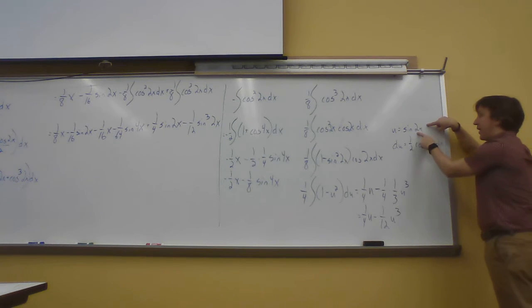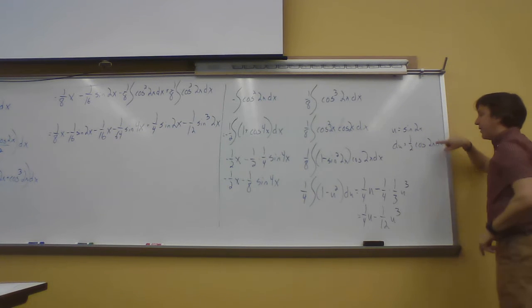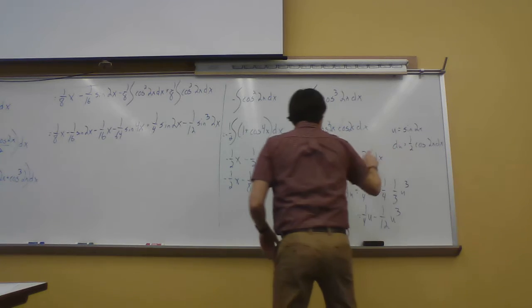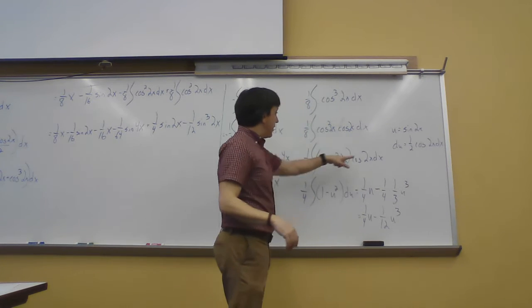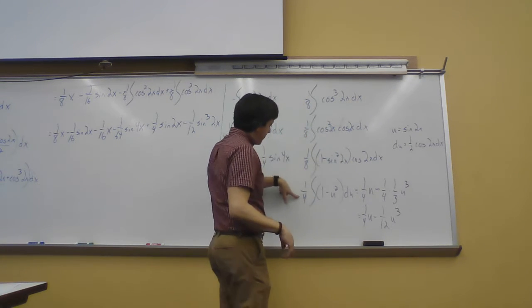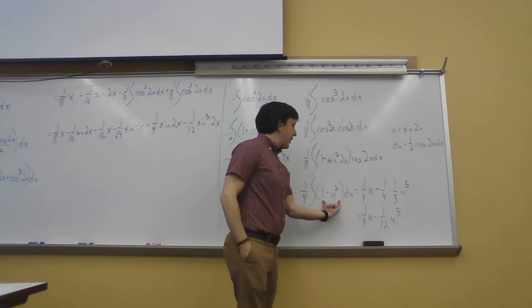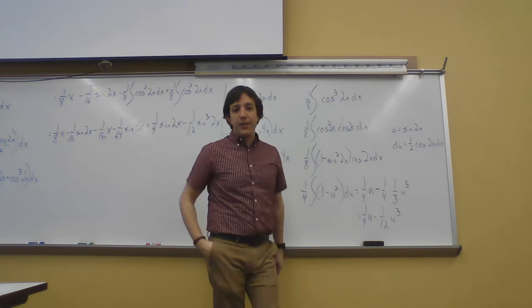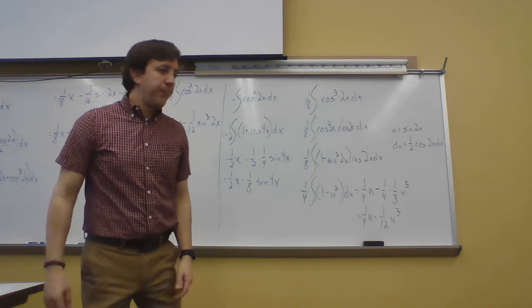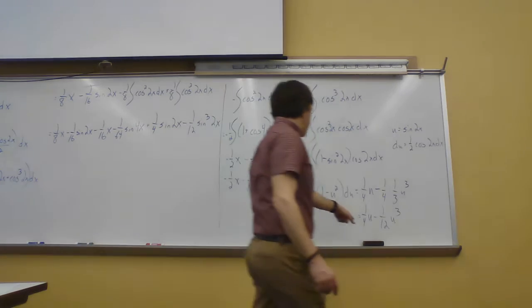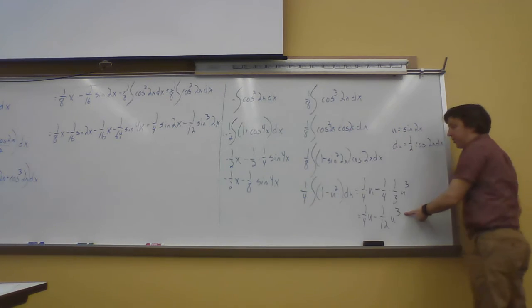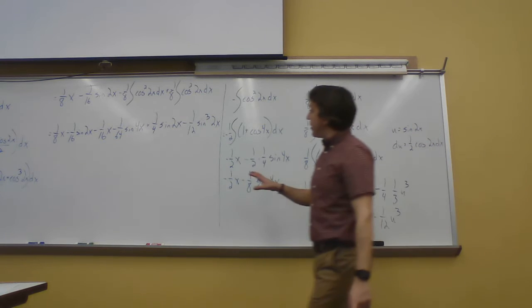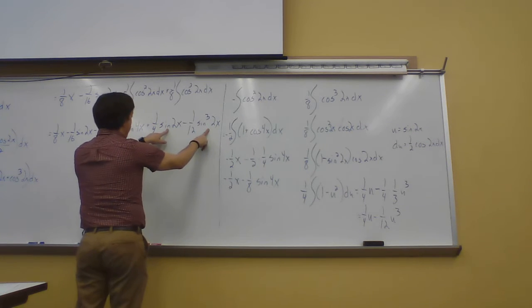I let u be sine 2x, du then is 2 cosine 2x dx. If you multiply both sides by a half, you get a half that comes out when you make the substitution, so we get a fourth, and I have 1 minus u squared, and that integrates beautifully because now it's just a polynomial. So you can see I ended up with 1/4 u minus 1/12 u cubed. I brought it back and put in sine of 2x's for both of those.